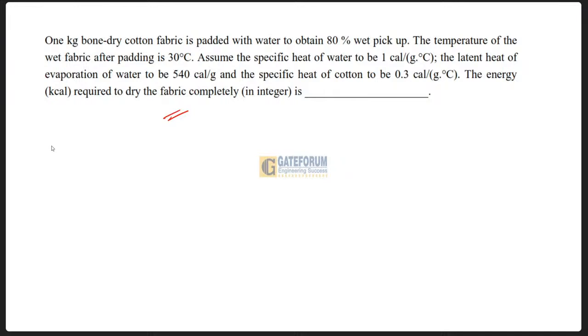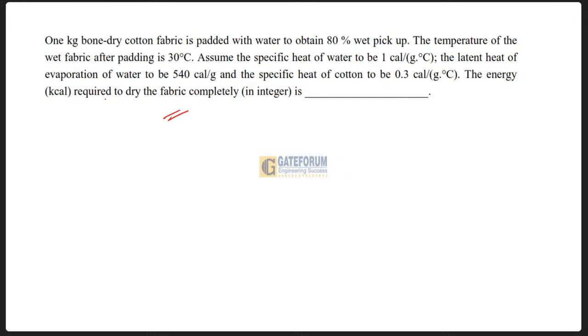The temperature of the wet fabric after padding is 30 degrees Celsius. Assume the specific heat of water to be 1 calorie per gram degree Celsius, the latent heat of evaporation of water to be 540 calorie per gram, and the specific heat of cotton to be 0.3 calorie per gram degree Celsius. The energy in kilocalorie required to dry the fabric completely, in integer, is?